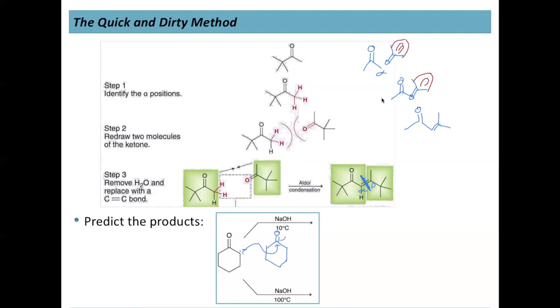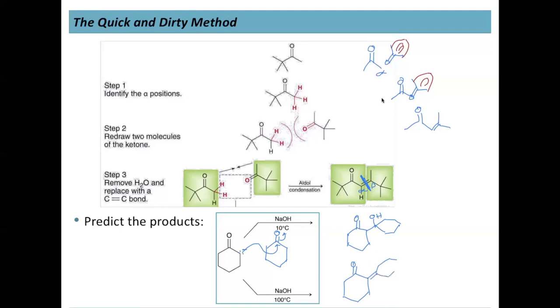So that would come over and attack the carbonyl. If you remember earlier, we talked about this reaction not giving a lot of product, but the major product that we would get is the aldol addition when we did it at 10 degrees Celsius, and the aldol condensation when we did it at 100 degrees Celsius.